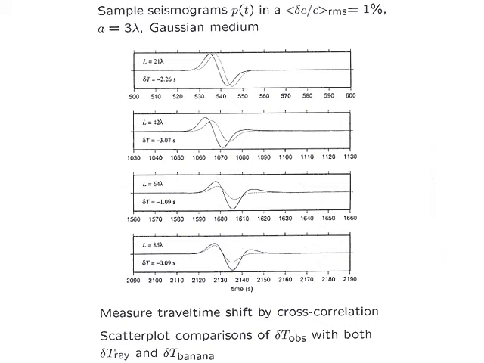So here's some waveforms. The dotted line is always the synthetic waveform, and you see that you get travel time shifts, and we measure these travel time shifts by cross-correlation. And then, in this case, what we do is we take the measured cross-correlation travel times, and we do scatter plot comparisons with the theory.